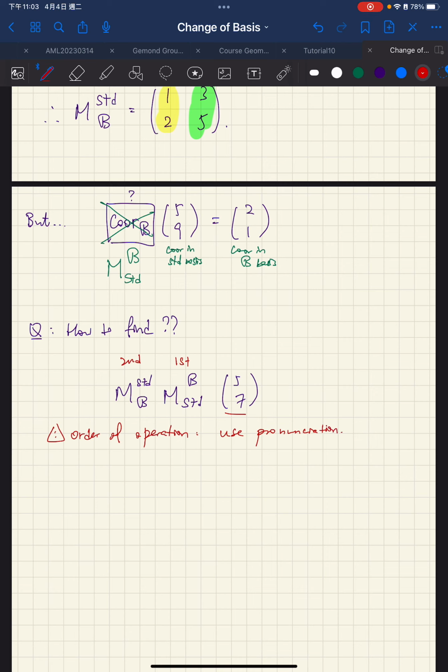Okay. So, return to what we had. Now, what is this action really? You have a matrix turning standard coordinates into B coordinates, and then you have the B coordinates turning back into standard coordinates. So what is the total action? The total action is nothing. We have done nothing.